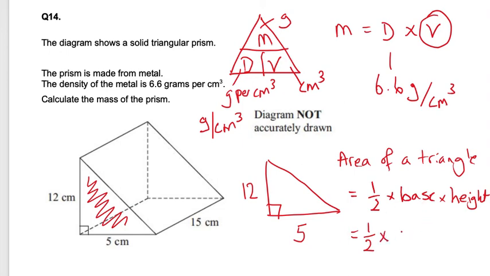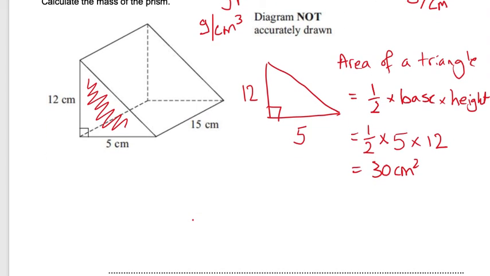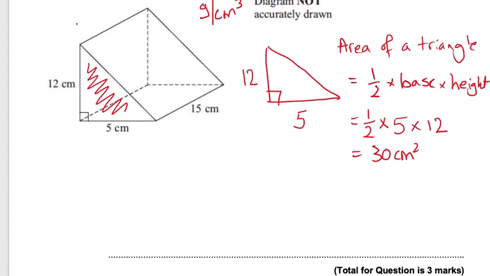So we've got base here. Base is the 5, height is the 12. We put that into our calculator, and the area is 30 centimetres squared. So the red shape here is 30 centimetres squared. We then have to take that through this depth. So to find the volume of a prism, we take the cross-sectional area.